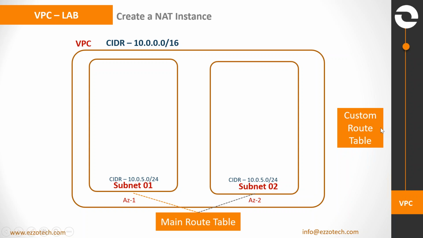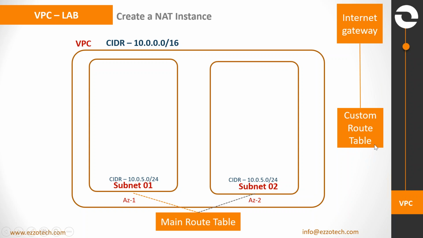So in the custom route table also I will have one route, and that route will say that any traffic which is originating from the VPC can communicate within the VPC locally. Now I will create one internet gateway and I will add the internet gateway route in this custom route table, not in the main route table.